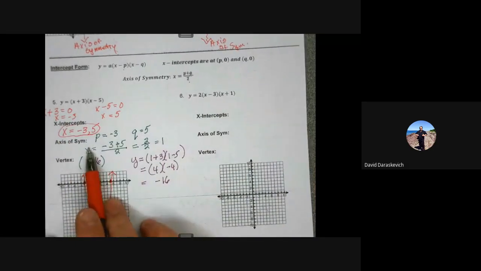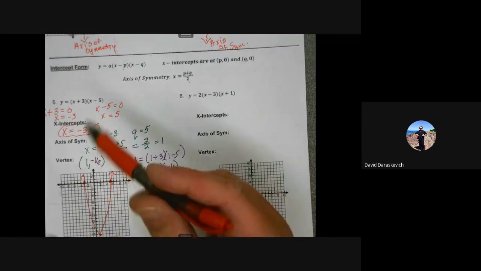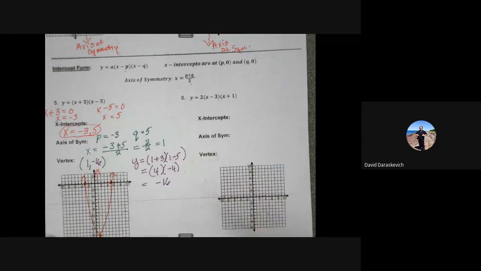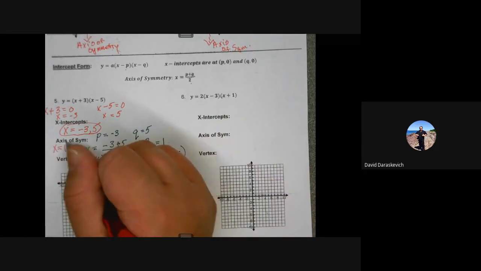Axis of symmetry, x equal -16. No, x equal 1. Do that a lot. Here's my axis of symmetry, x equal 1. Here's my vertex, and there's my graph.